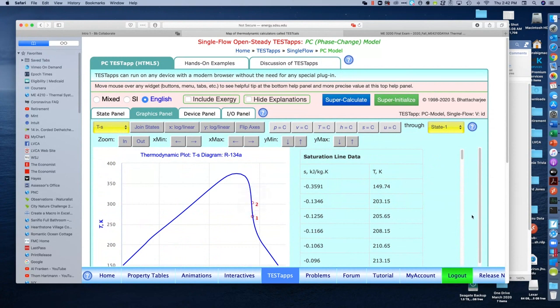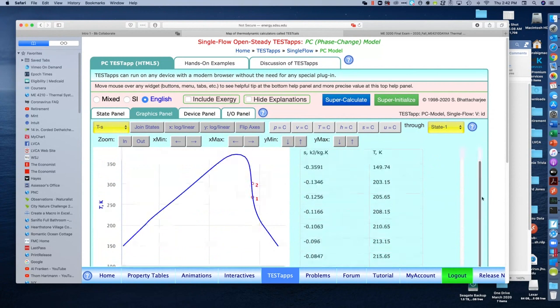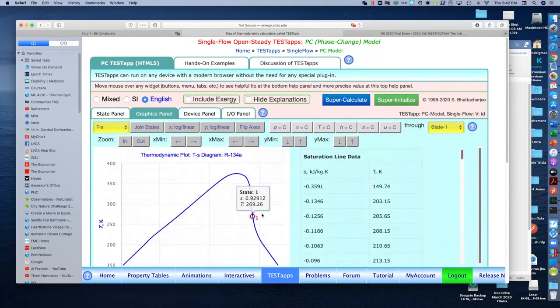We see that it's located right on the dome line, the saturated vapor condition, and then the isentropic process, which is straight up. Entropy is the x-axis, and so an isentropic process is just going straight up from that particular point, remaining in the superheated region.